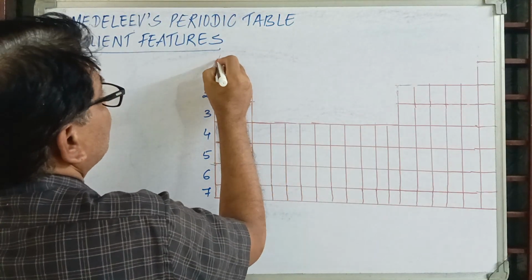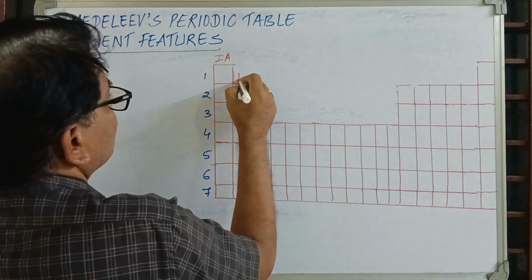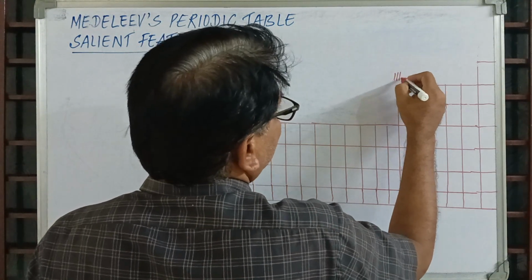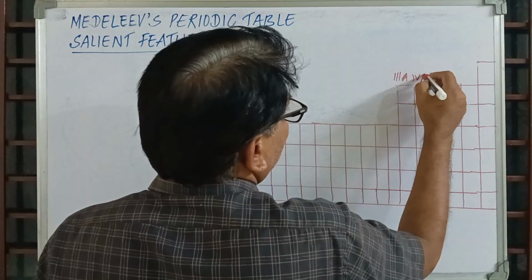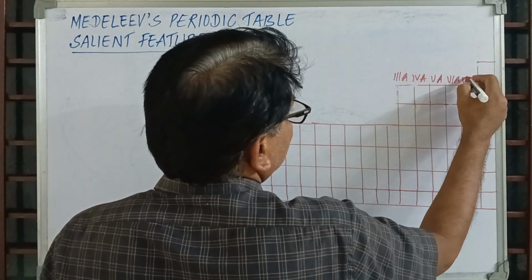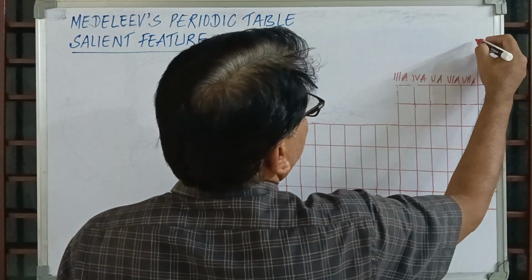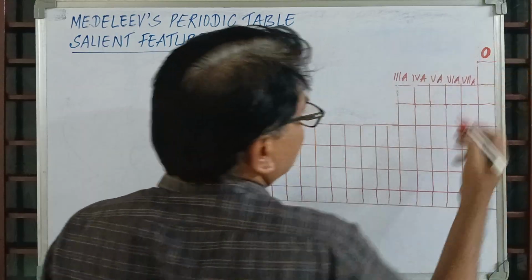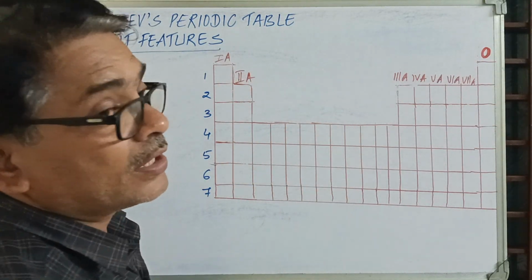This is first A, this is second A, here you come across third A, fourth A, fifth A, sixth A, 7 A, and this is the inert gas, 0 group elements, noble gases, stable gases, all that. Anyhow, they come under 8th A also.